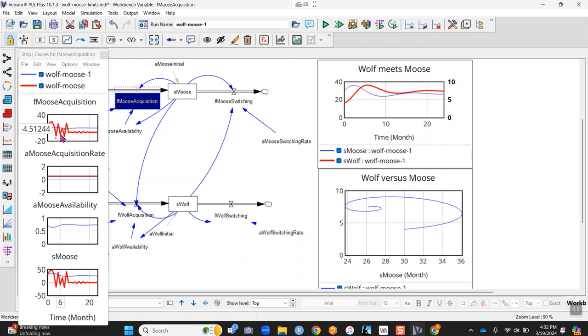Look at the acquisition. Now, customer acquisition counts all over the place. It goes up, it goes down, it goes up, it goes down. The flow rate is highly variable. So you're the sales manager for a region. You have to manage through the months of down and up and down and up.